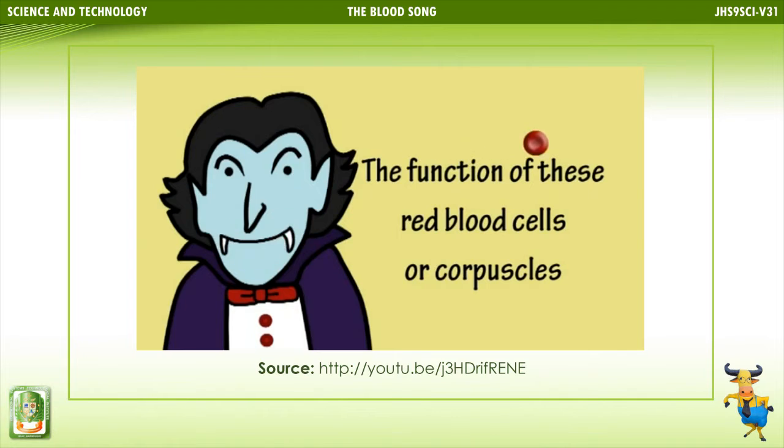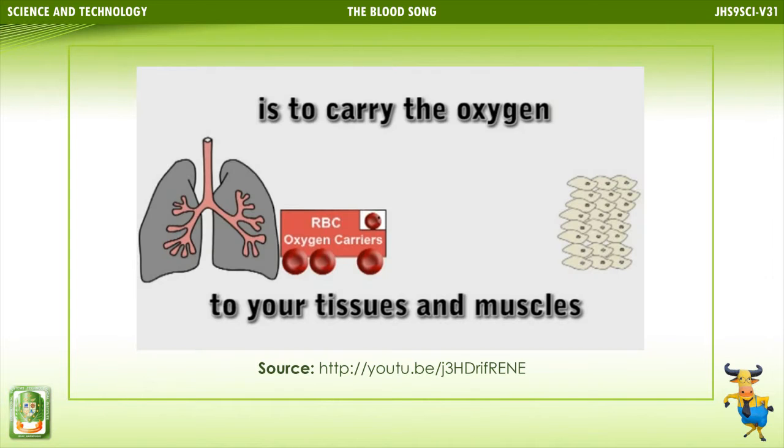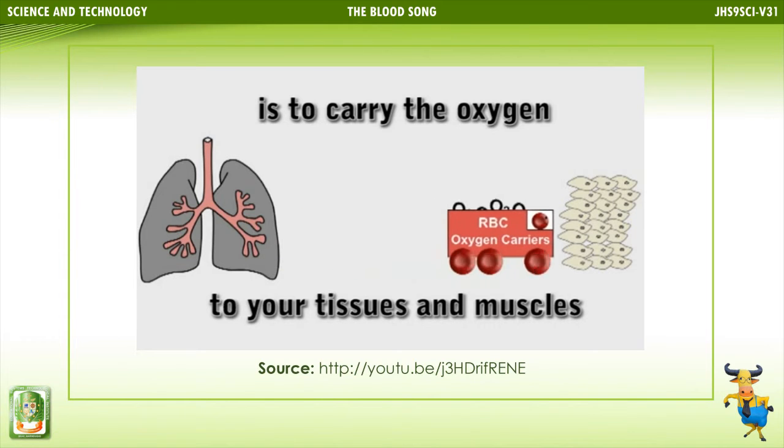The function of these red blood cells, or corpuscles, is to carry the oxygen to your tissues and muscles.